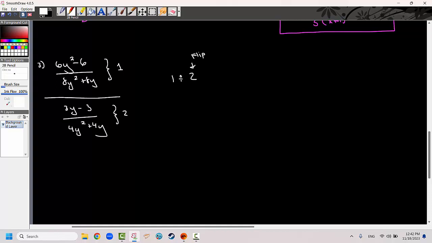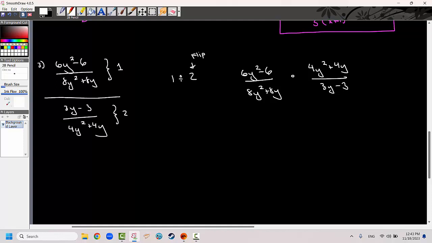So, in the context of this particular number 3, I'm hoping it makes sense that what we have is 6y squared minus 6 over 8y squared plus 8y times the bottom guy upside down. So it'll be 4y squared plus 4y over 3y minus 3. I'm hoping that makes a certain degree of sense there.